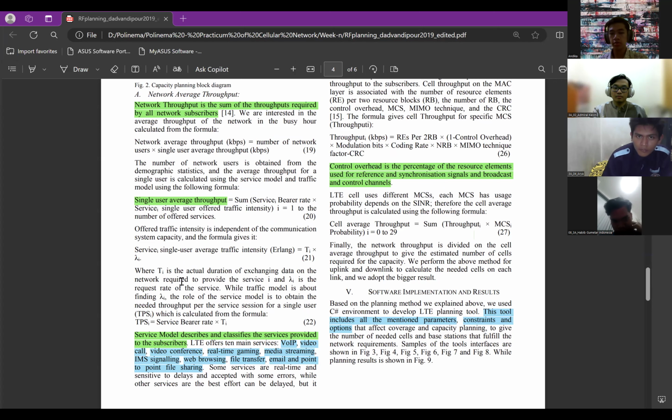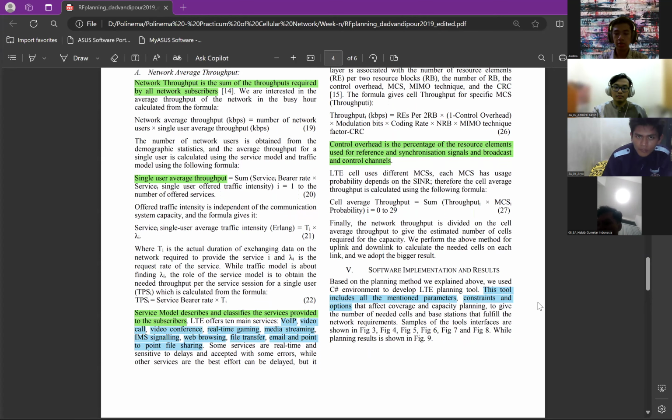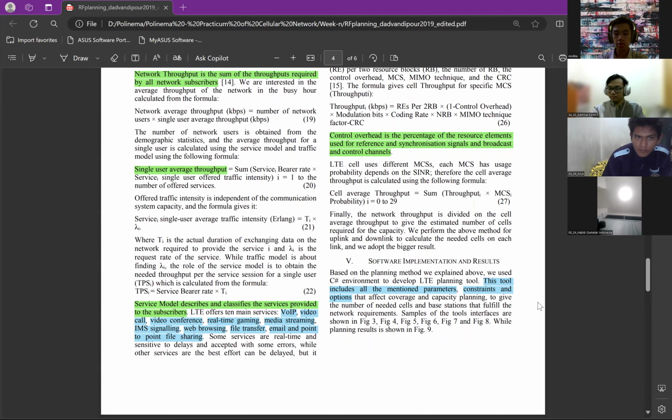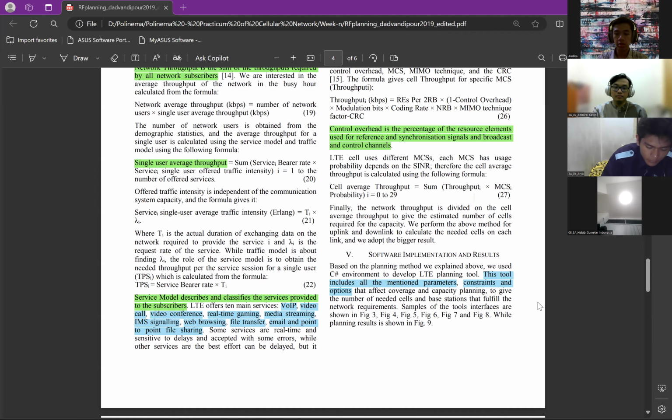Okay, thank you. Here in chapter 5, we are talking about software implementation and results. In this chapter, the authors use a programming language and a tool so that the calculation can be done automatically.